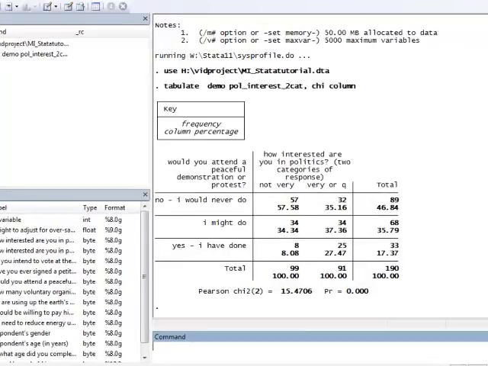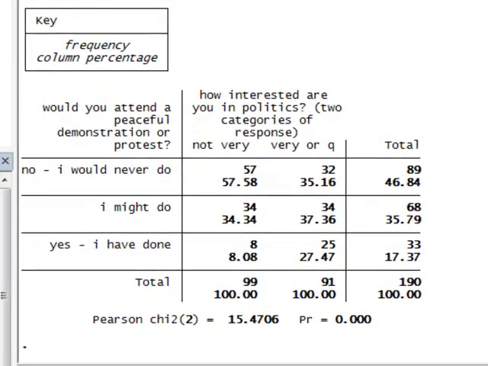So we see that we have this frequency table with some column percentages added in. The first thing we want to do is focus down here, which gives us our test statistic. Our test statistic is called chi-square, displayed as chi2 in the STATA output, and that value is 15.4706.